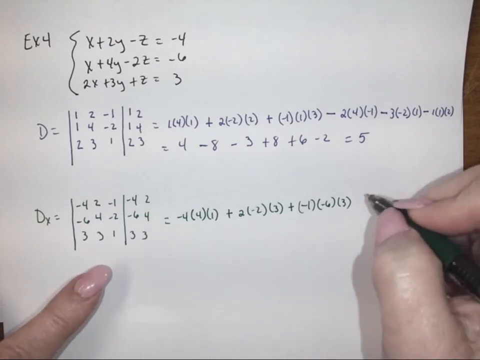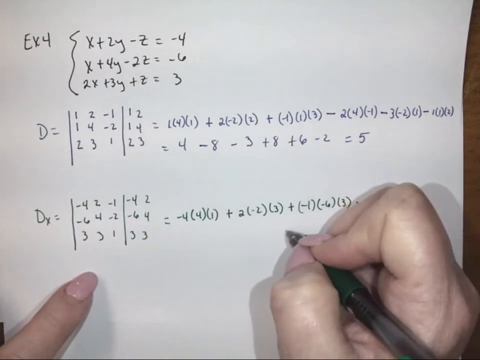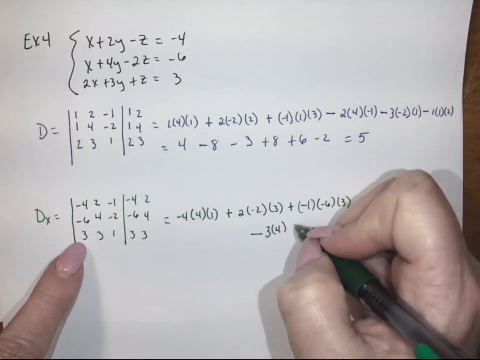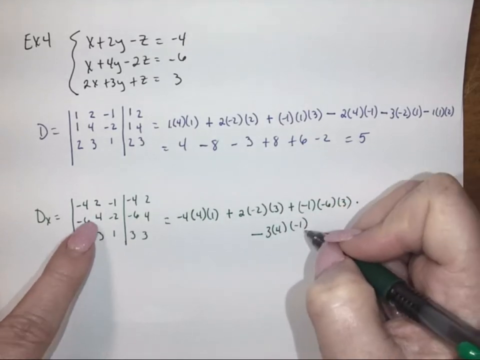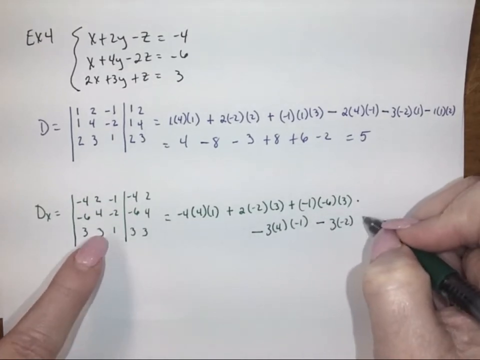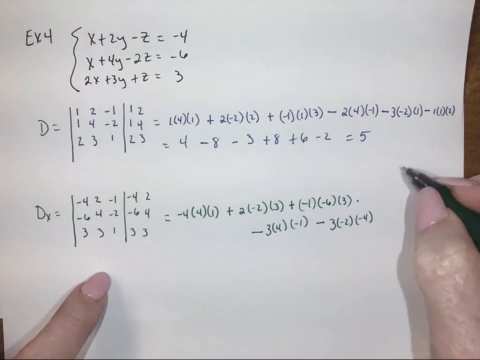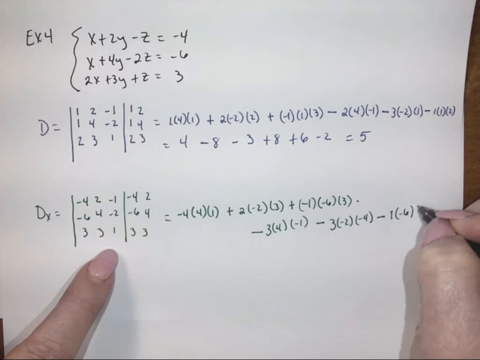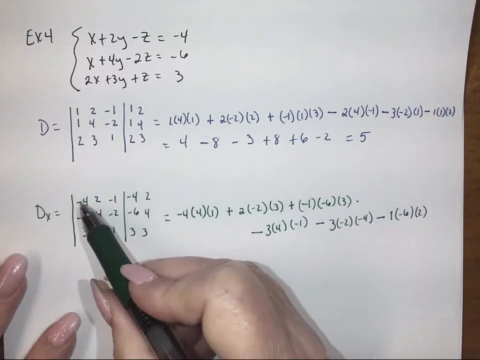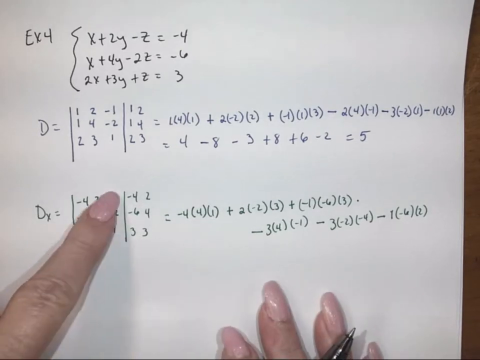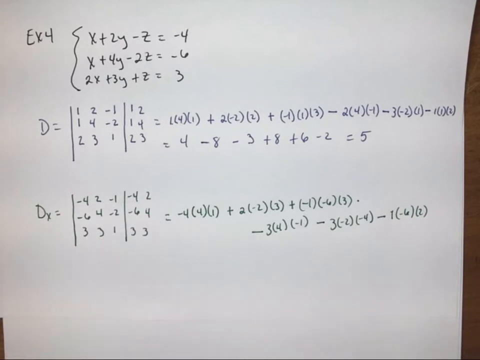And then we're going to subtract, we'll do it right here, subtract 3 times 4 times negative 1, subtract 3 times negative 2 times negative 4, subtract 1 times negative 6 times 2. So we're going in our diagonals again. You need to try and line your numbers up as well as you can so you can see the diagonal numbers going up across that way.